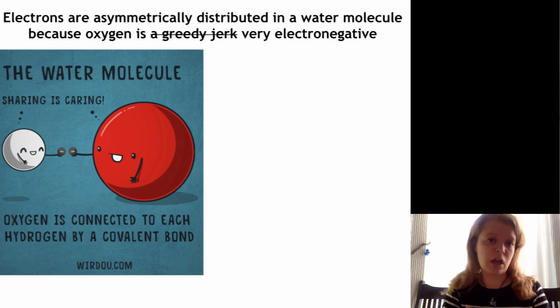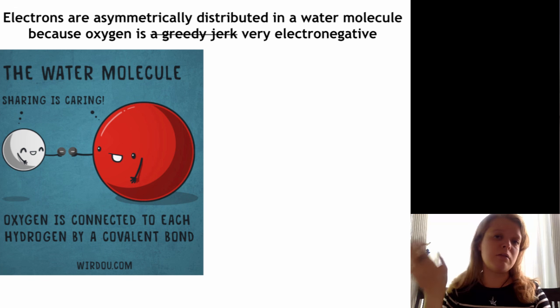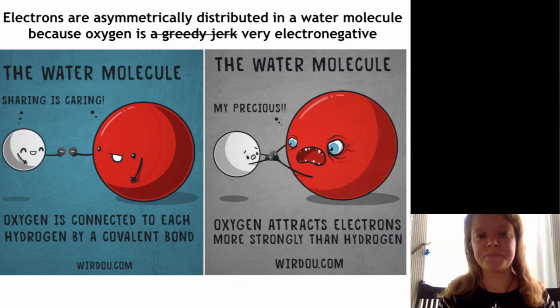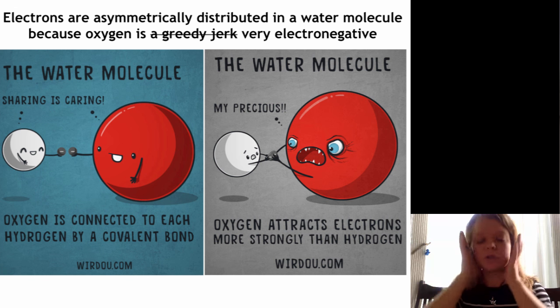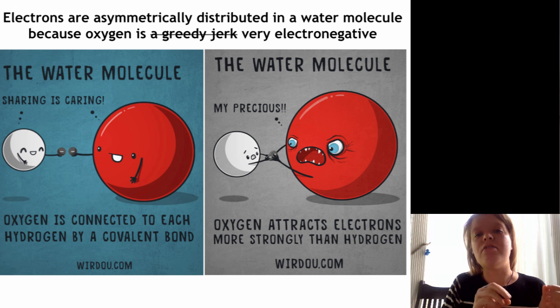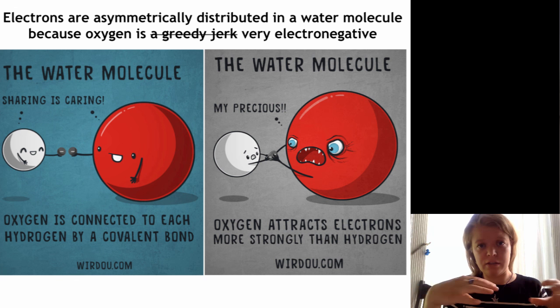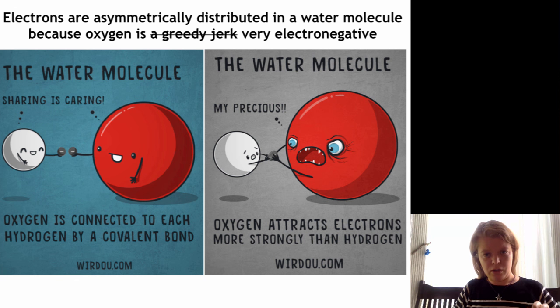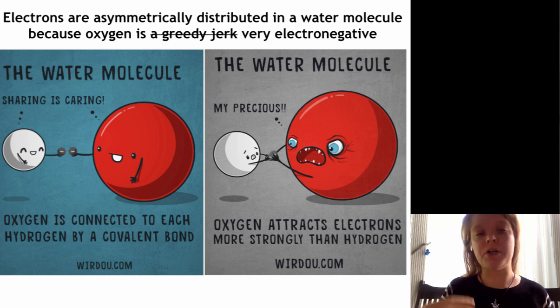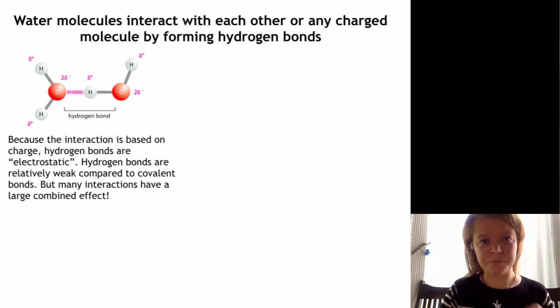The electrons in a normal covalent bond are supposed to spend the same amount of time on both sides. However, oxygen can't quite let go, and it attracts electrons more strongly than hydrogens, so the electrons spend more time around the oxygen, creating this dipole situation: a partial positive charge on the hydrogens and a partial negative charge on the oxygen.